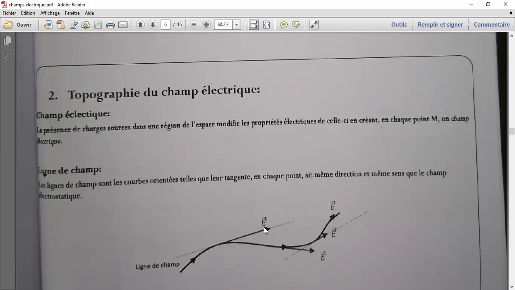I don't know if there are any questions here. Is there anyone with any questions? Please, you should be asking questions, because in electricity I can be seeing that I'm explaining while others are not understanding.